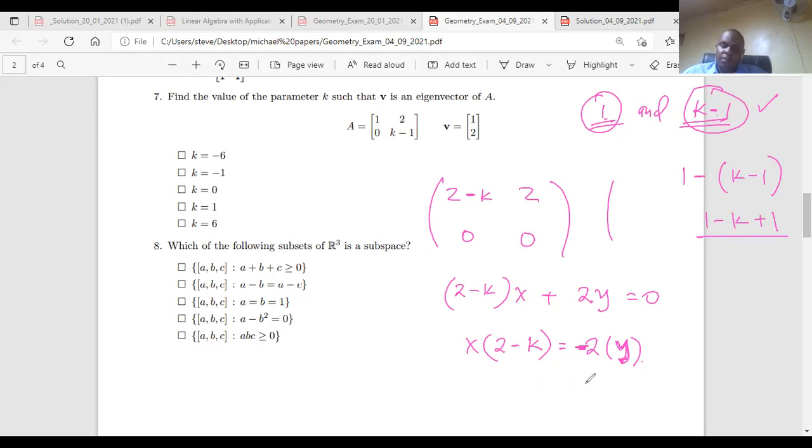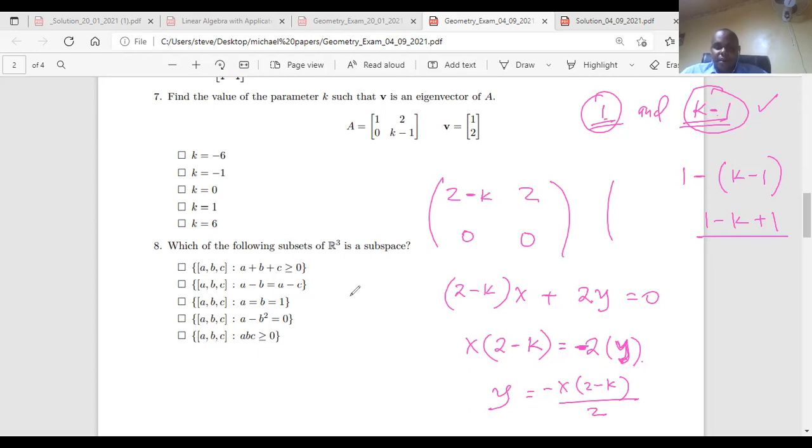So y is going to be equal to x divided by 2 minus k, right? Wait, no, wait. Why am I so confused? It's x times 2 minus k divided by 2. Now that's right.